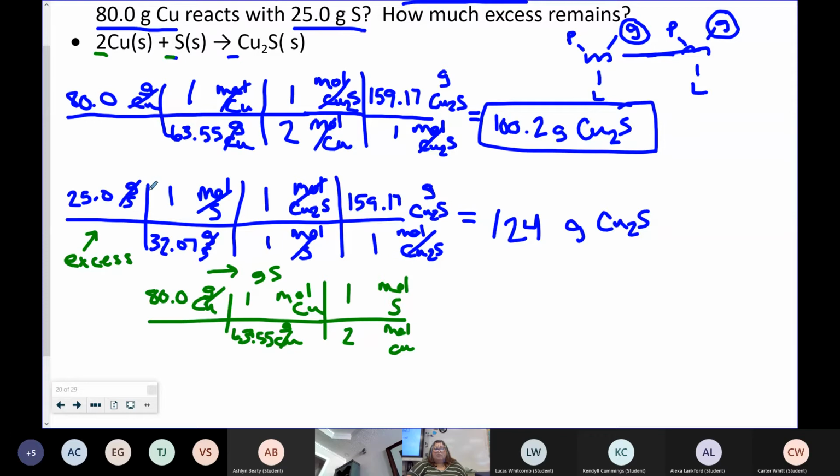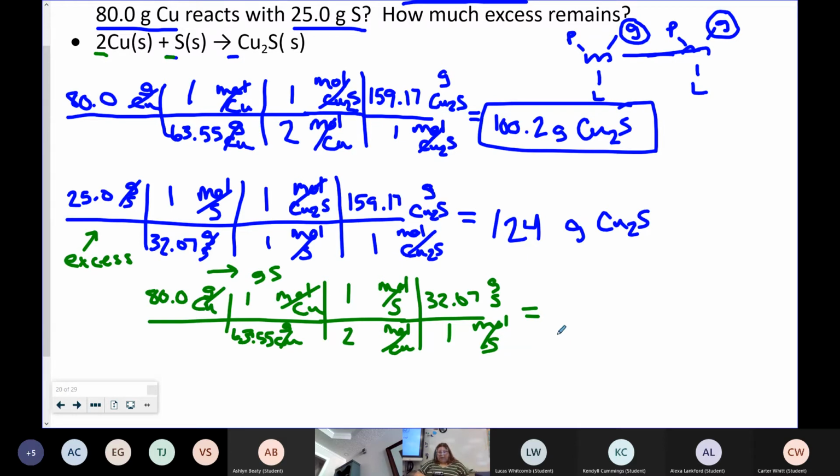And then we said we're changing into grams of sulfur, so moles of sulfur needs to go down on the bottom. And that molar mass was that 32.07. So that allows moles of sulfur to cancel. So this is going to tell us how much sulfur reacted with the 80 grams of copper.